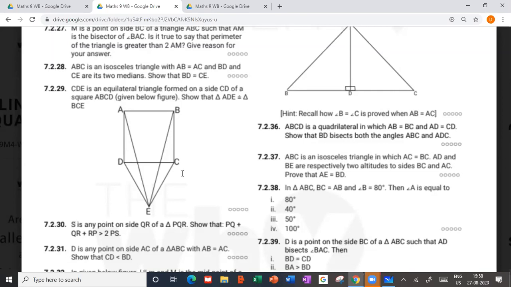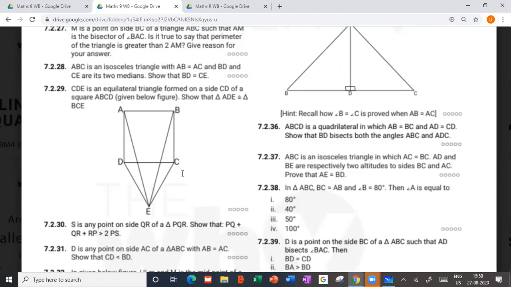So total will be 150 degrees. Whereas in angle BCE, angle BCD is 90 degrees, and angle DCE is 60 degrees. So that's also 150 degrees. Therefore, angle ADE equals angle BCE. That's 150 degrees. So now we have two sides and one included angle, so we can say that it's congruent by SAS congruency.